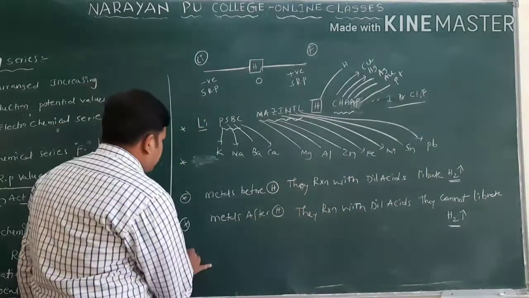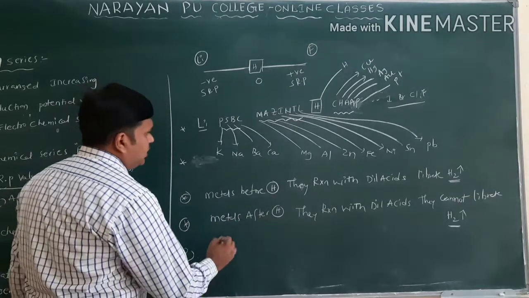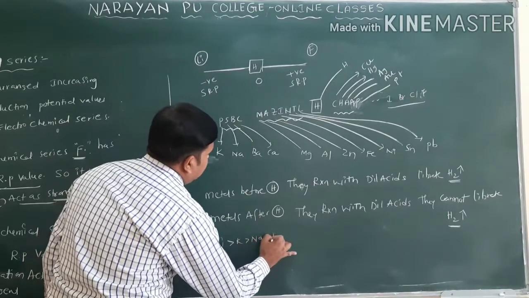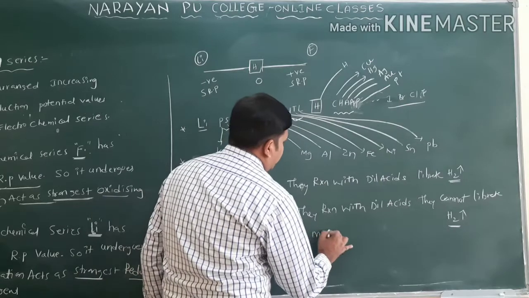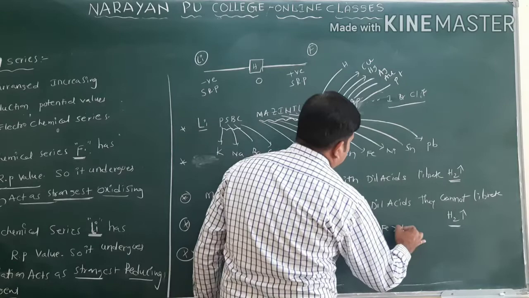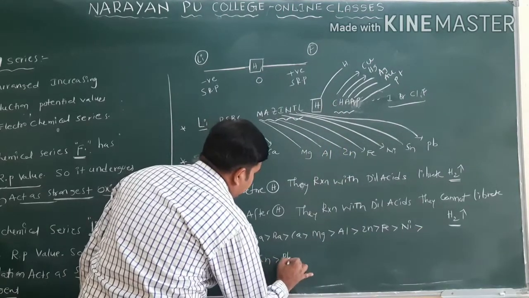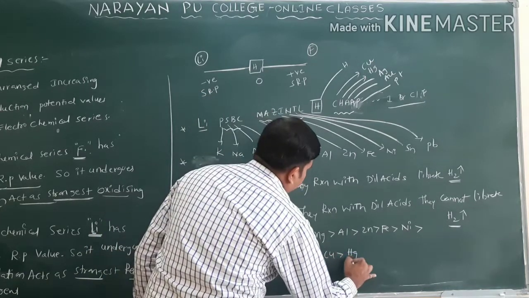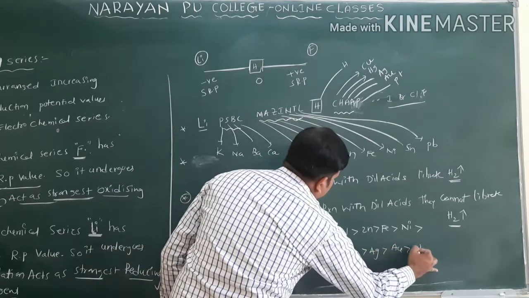If you see the reactivity order here, what can you write? Lithium greater than potassium greater than sodium greater than barium greater than calcium greater than magnesium greater than aluminum greater than zinc greater than iron greater than nickel greater than tin greater than lead greater than hydrogen greater than copper greater than mercury greater than silver greater than gold greater than platinum only.